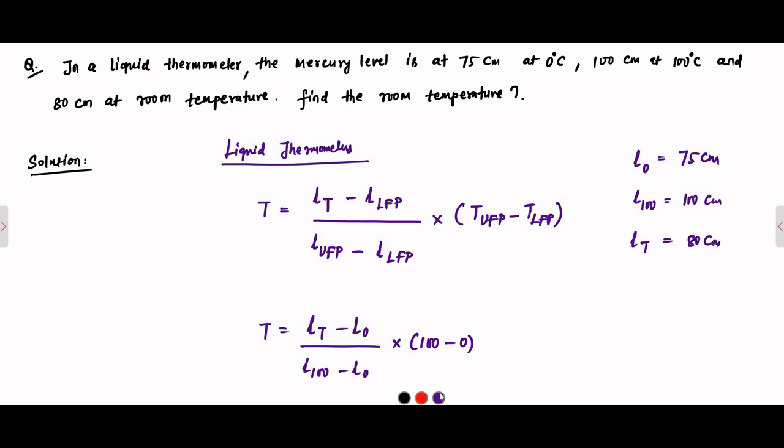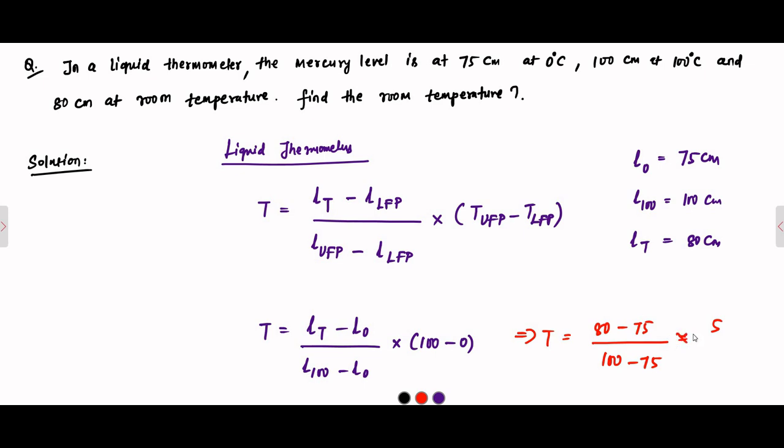So here we'll only substitute the values. That implies T is equal to 80 minus 75 by 100 minus 75, so it is equal to 5. Yes, I forgot one thing, it is into 100.